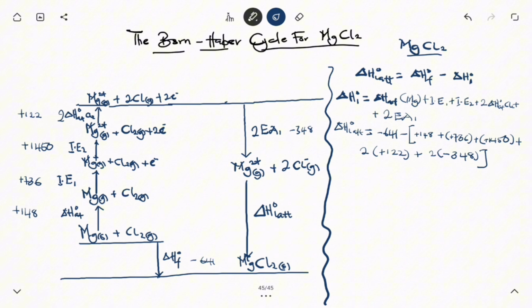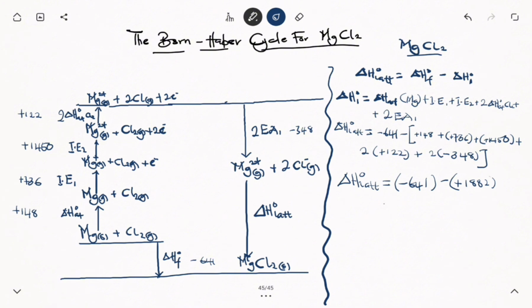Now if we punch all of this in the calculator, we are going to have the delta H to be equal to minus 641, minus, plus, that means the summation of this in the square bracket is going to be plus 1882 kilojoules per mole.